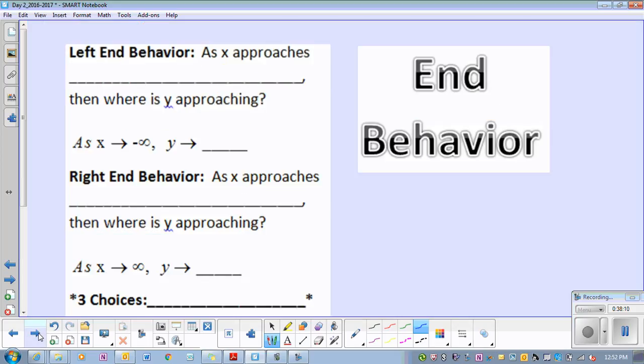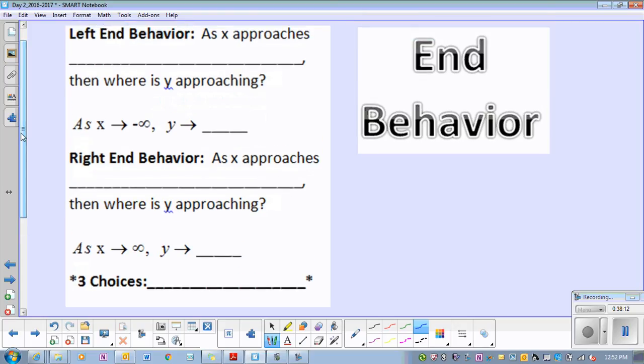All right, and the end behavior. End behavior is pretty easy. It's talking about the arms of the graph. You have a left arm and a right arm. What are the arms doing is what they're asking.